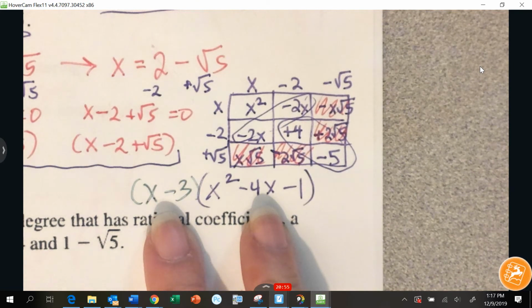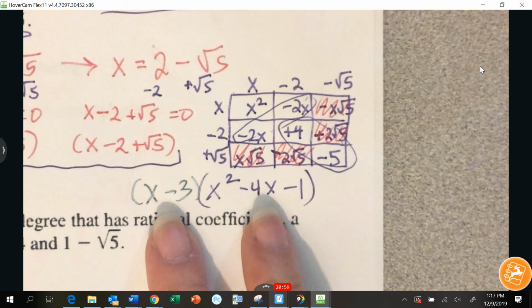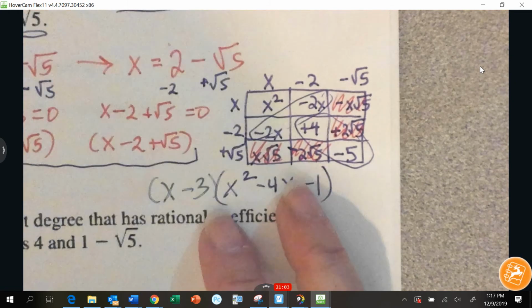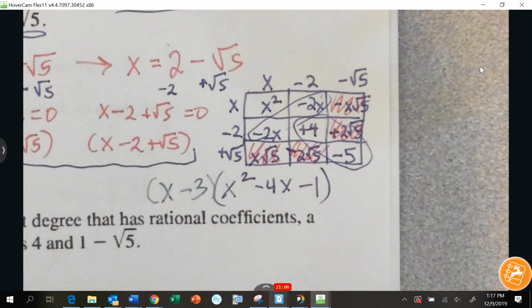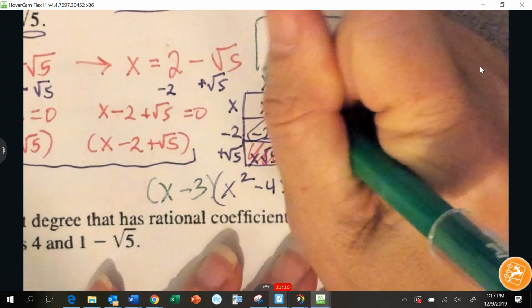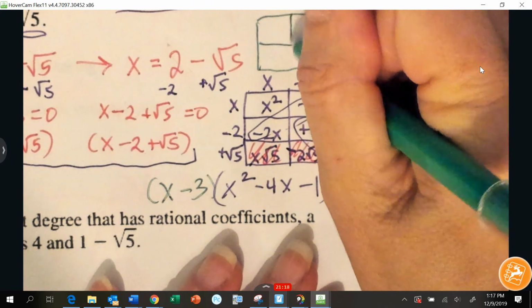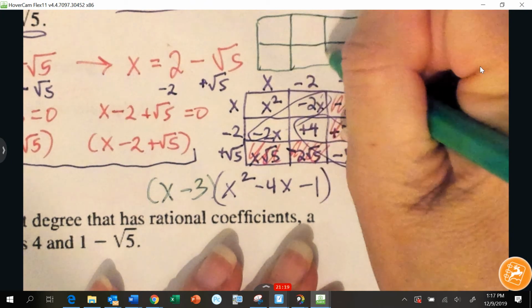FOIL, or the box method, or there's the vertical method as well. It's really up to you which method you want to use. I'm going to use the box method because that's all the space I have, but I just realized I did a terrible job at organizing my space.